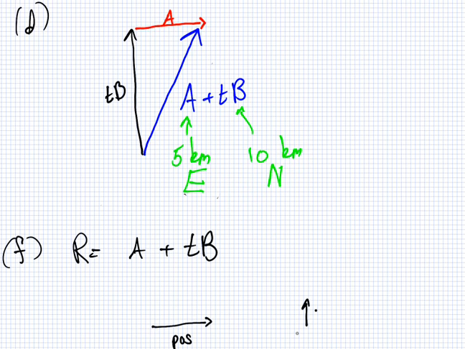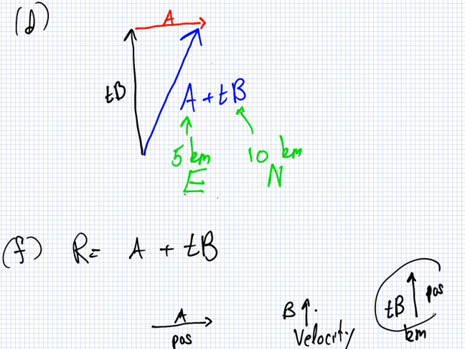So we want the dimension of TB. That's the dimension of T, the dimension of B. Now just remember what T is here. It's 2 hours, isn't it? And B here, what did we say it was? It was 5 kilometers per hour, north or whatever.